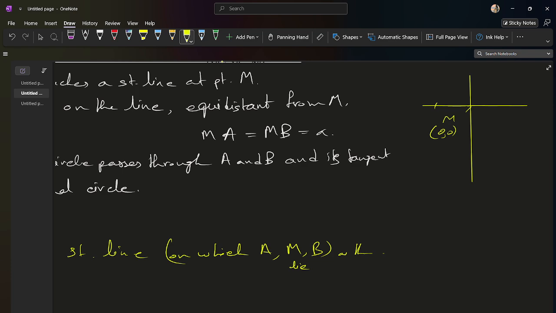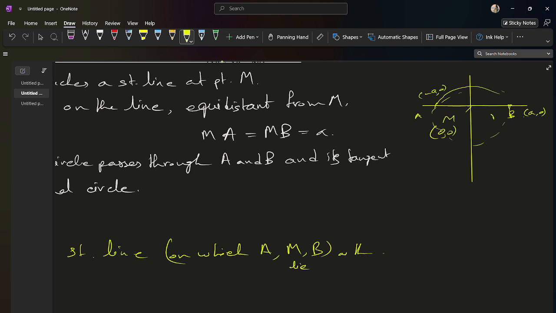Let us take A on this side and B on this side. And there will be the circle here. So this is my circle, and its radius is r. So MA equals MB, and let our point A be (-a, 0) and B be (a, 0). Okay, then everything will be correct.